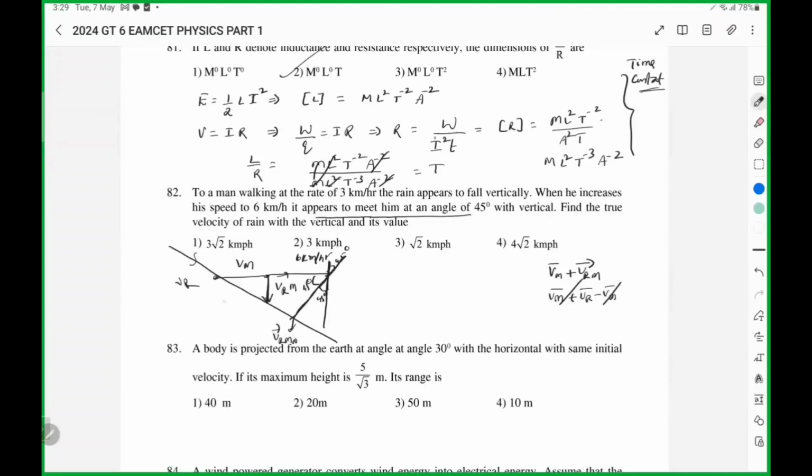So now the true velocity of the rain, tan 45, sin 45 degrees if I take, so the true rain velocity by the man's velocity. The man's velocity is 6. The true velocity of rain is 6 into sin 45, 6 into 1 by root 2, that is 3 root 2 kilometers per hour.